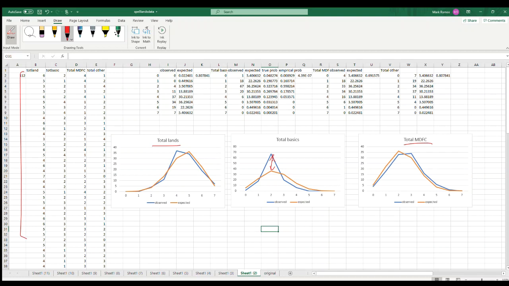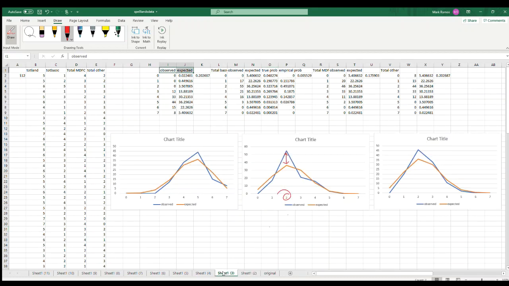And so I simulated it more than once. So you can see here, the simulation is for, I think, 10 times. I could simulate more. That's not an issue.